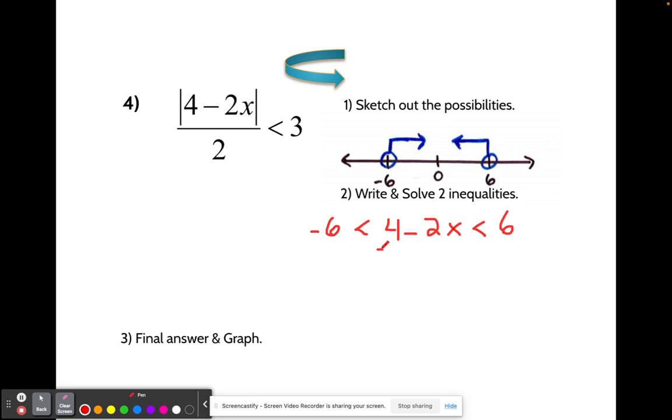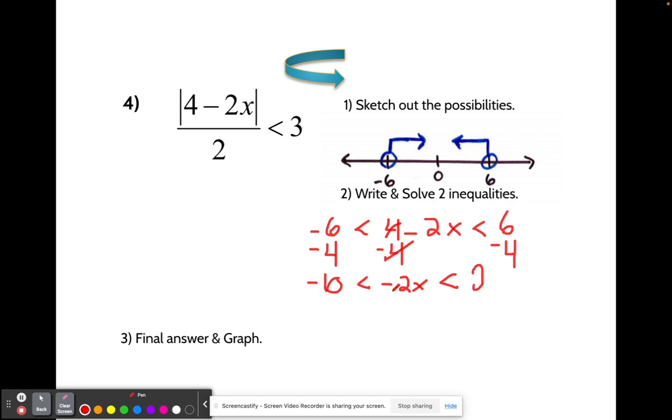Let's subtract 4 from all parts. I didn't say both sides that time. And here I have negative 10. In the middle, I have negative 2x. And on the right side, I have positive 2.